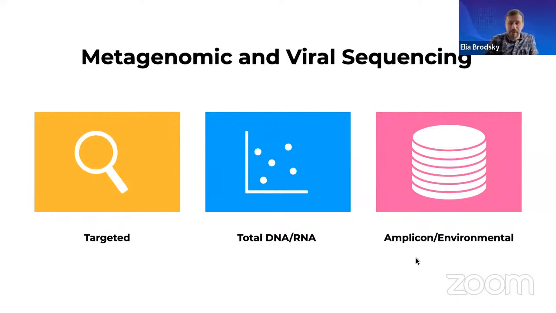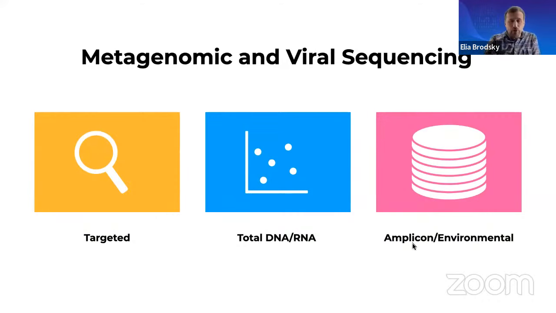In the same example, one type of targeted sequencing would be, let's target the spike gene. Another one, let's do a type of sequence, and we'll understand the composition of a particular sample. Now, these are very different approaches, but they rely on the same technology.